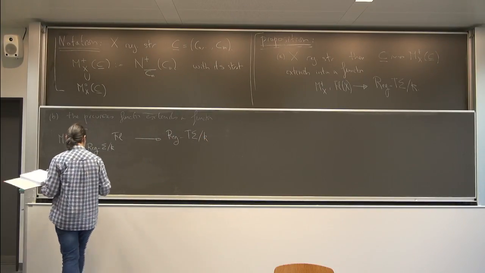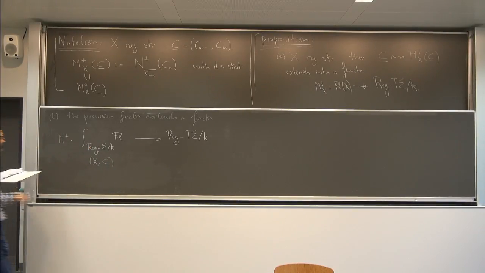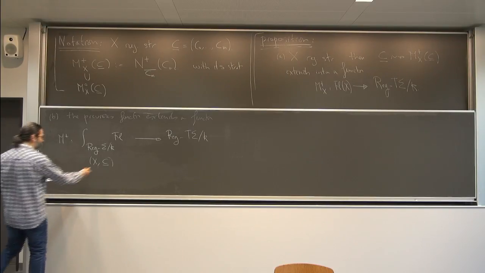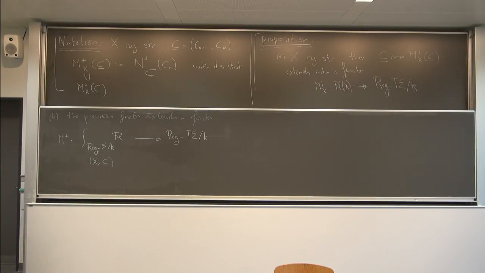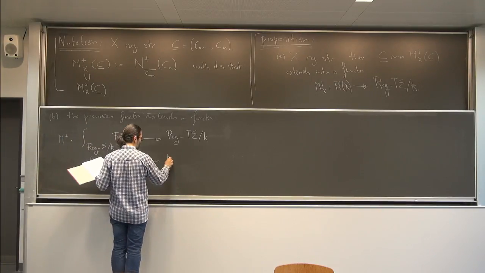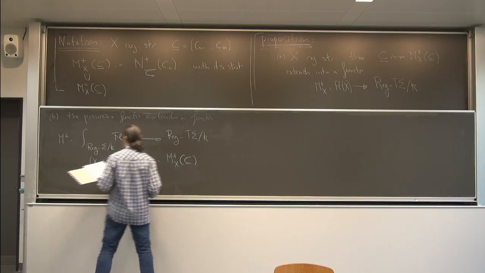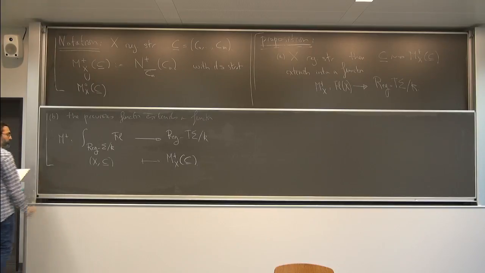Here, the objects are given by pairs of a regularly stratified scheme together with a flag. So it takes such a pair and sends it to M plus XC.